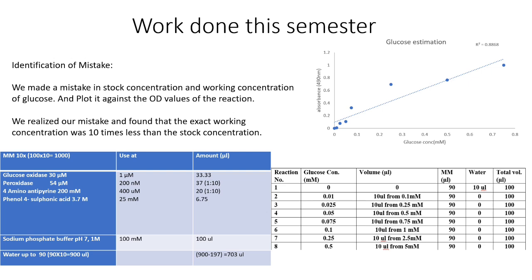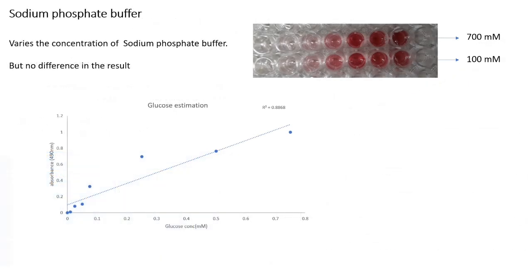However, we observed that the reaction range decreased after rectifying the mistake. Then we also changed the molarity of the sodium phosphate buffer in the reaction but found that there was no change in the results. Initially, in the last semester, we were using the buffer at 700 millimolar, but according to literature and papers, it should have been used at 100 millimolar.